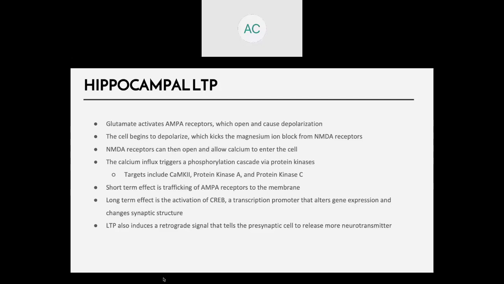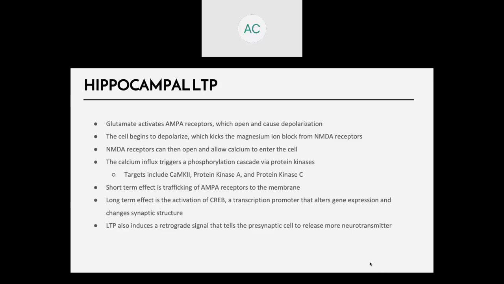So the long-term effect of LTP is the activation of CREB, and CREB is a transcription promoter that alters gene expression and changes synaptic structure. So earlier when we were talking about synaptic plasticity and the reshaping of dendritic spines, this is CREB, and protein synthesis is responsible for the reshaping of those spines.